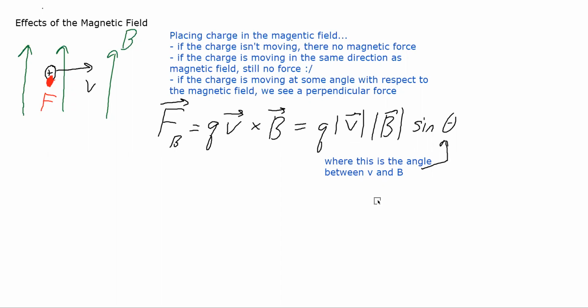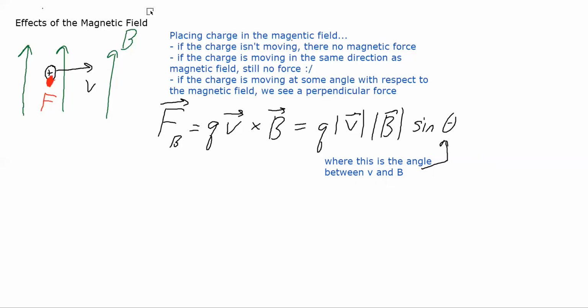All right, so this cross product is a great tool that describes what we see with charges moving in magnetic fields. Particularly that second line there, if the charge is moving in the same direction as the magnetic field, still no force, and that's because of the angle, right?